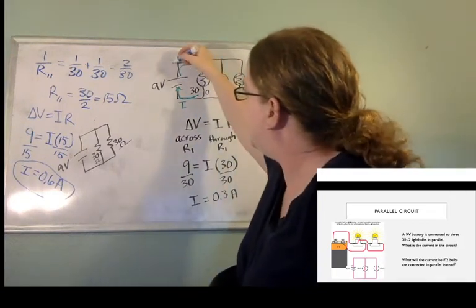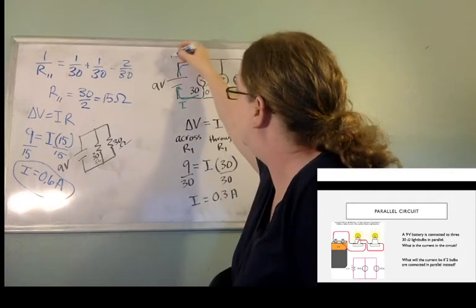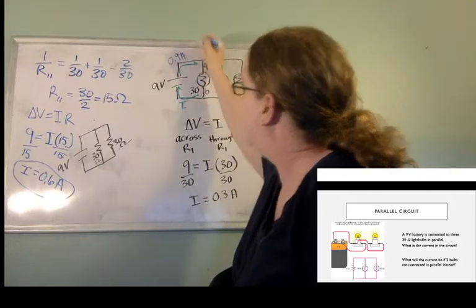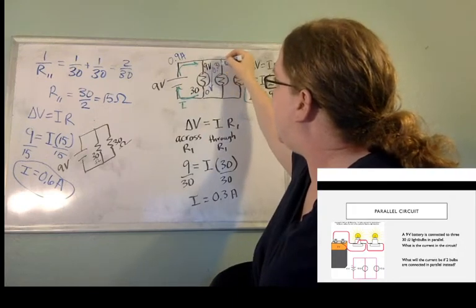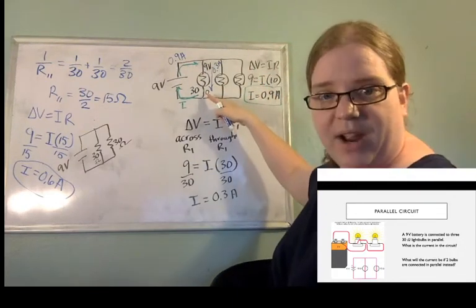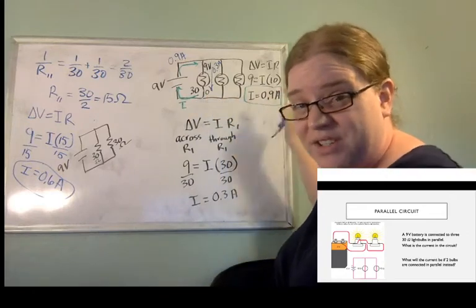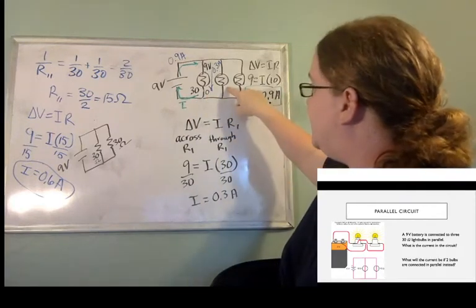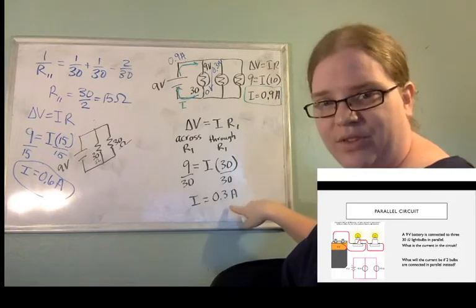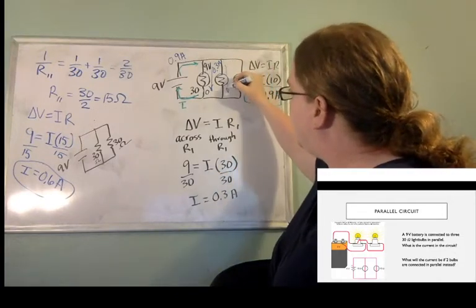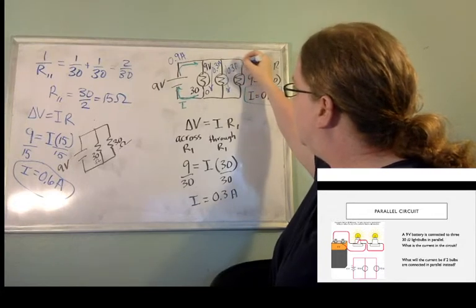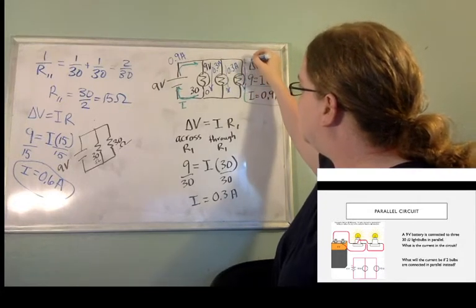So I have 0.3 amps that go through here. The total was 0.9, and now I know that I have 0.3 amps that go down through this branch. These branches are all the same. If I did an R2, my equation would look the same because the resistors are the same. So I also have 0.3 through that one and 0.3 through this one.